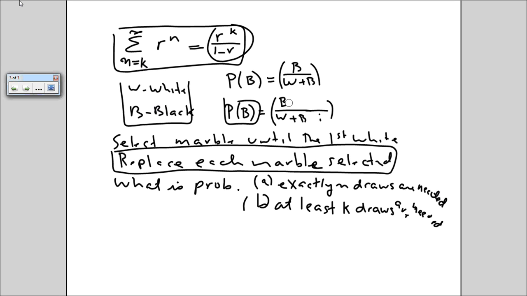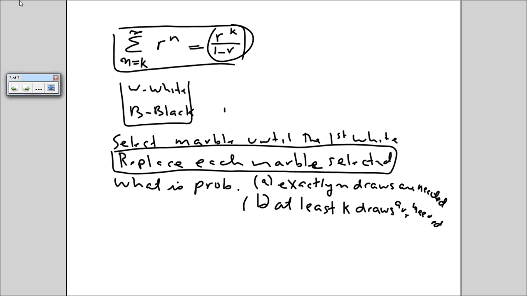You took one, but you put it back. There still are W plus B marbles. You have the same amount you started with. Now, these two probabilities are the same. The outcome of the first trial did not affect the outcome of the second trial, which won't affect the outcome of the third trial, etc.